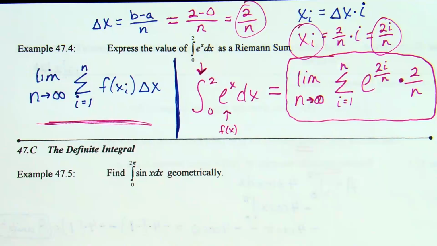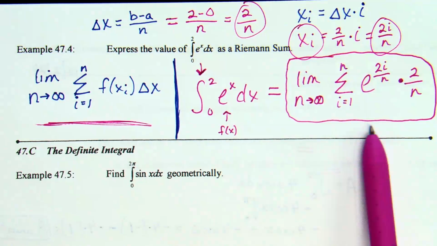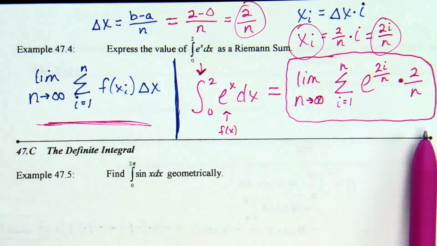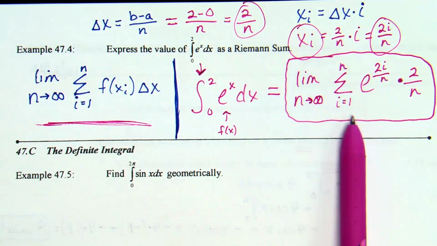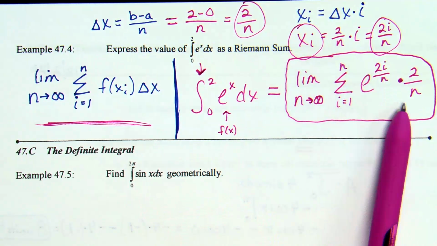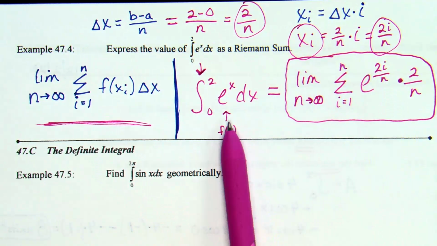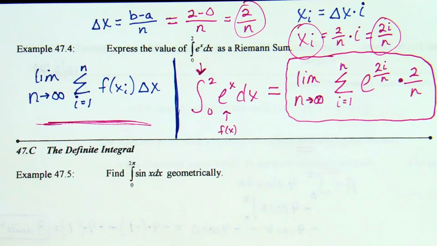The formatting will always be the same. We can pull from this delta x, because sometimes what you'll see them do is they will maybe give you the integral and ask you to pick the Riemann sum from a multiple choice list, or they might give you the Riemann sum and ask you to pick the integral. So that's what we'll practice a little bit with there.